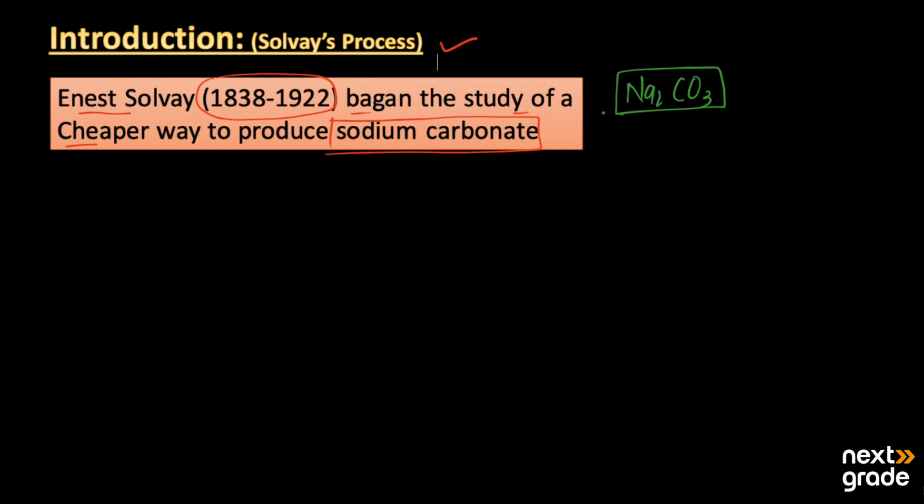Now, how do we prepare sodium carbonate? He was the first scientist who designed a cheaper way to produce it, and due to his name, it is named the Solvay process.